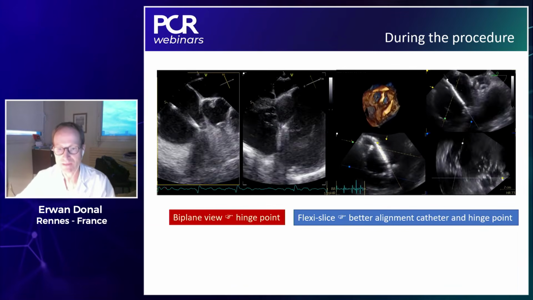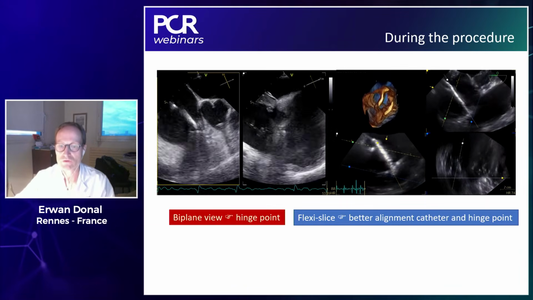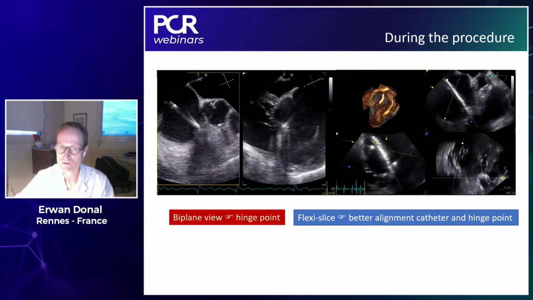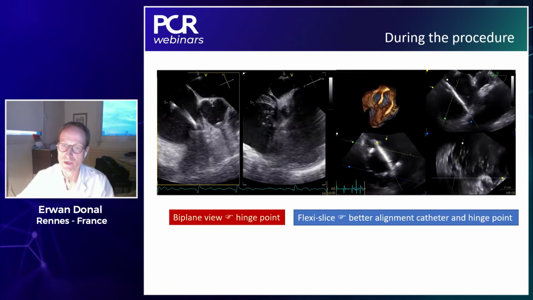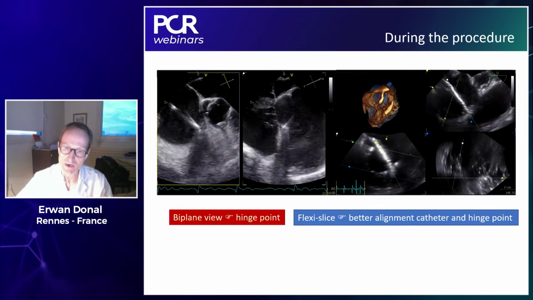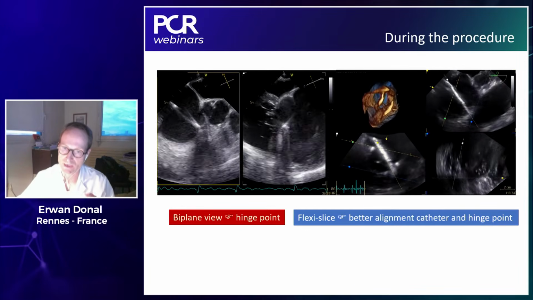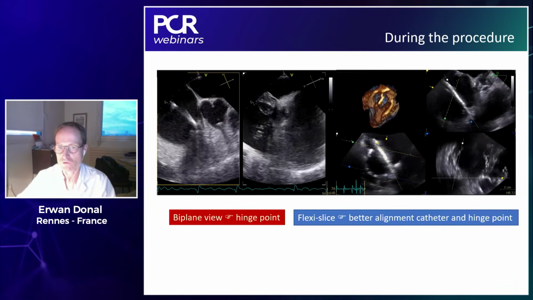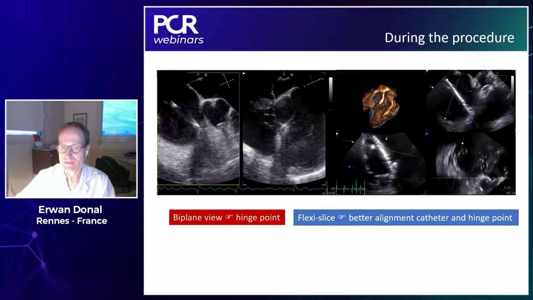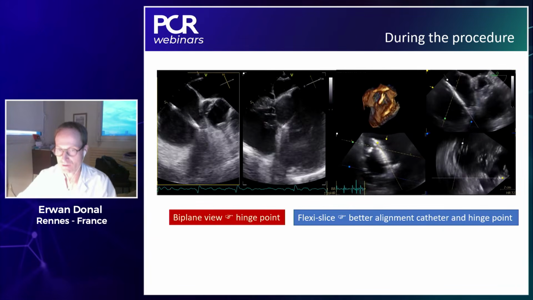And sometimes it's even better if you can use the flexi-slice mode, because thanks to the flexi-slice mode, you have the 3D acquisition of the right ventricle and the right atrium, and you can move across this volume to perfectly see where is the catheter and where is the hinge point.